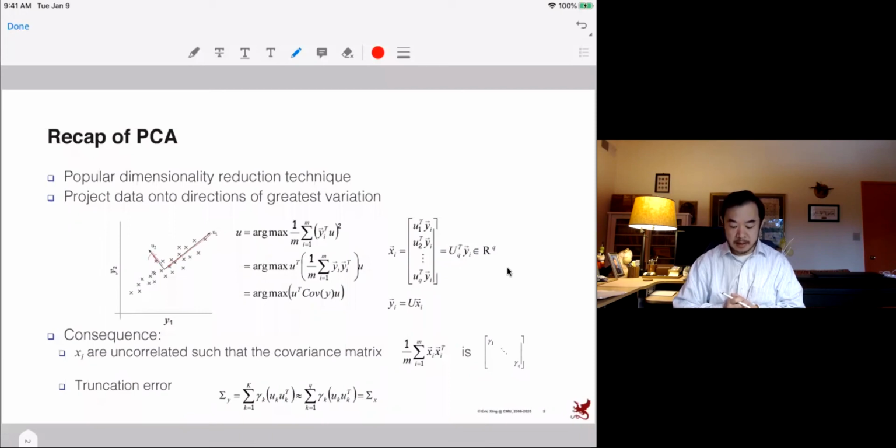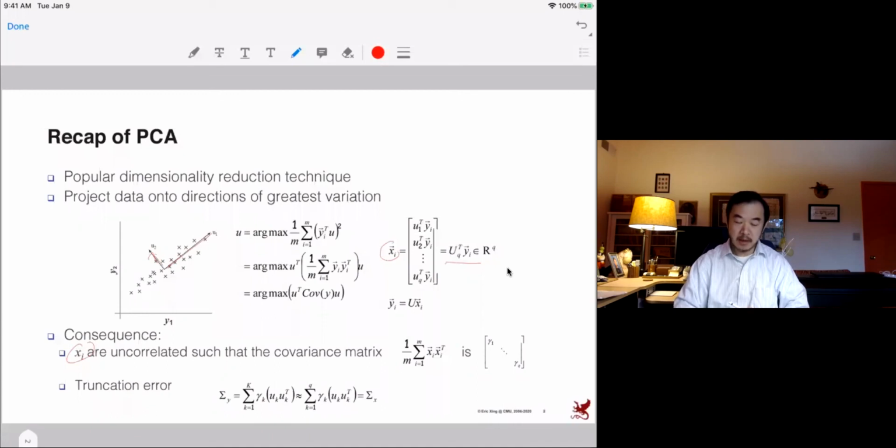And then you can compute a projection of the data points to this new space using this operation. Then you get a new type of representation of the data X, which now has a nice property: they are uncorrelated on their different dimensions in this new representation.